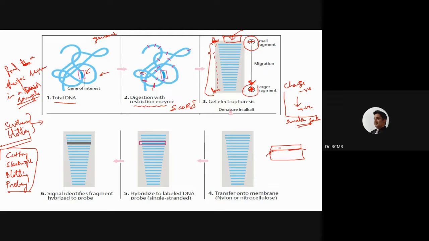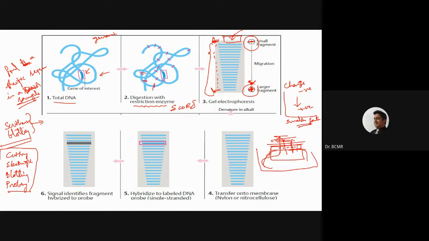You put the gel here. I'm showing the cross section of it. On top of it, you put a nitrocellulose membrane and then several paper towels. You allow the wick-like thing to take up buffer, and the buffer will move in this direction. When the buffer is moving, the DNA that is present in the gel will also move upwards.